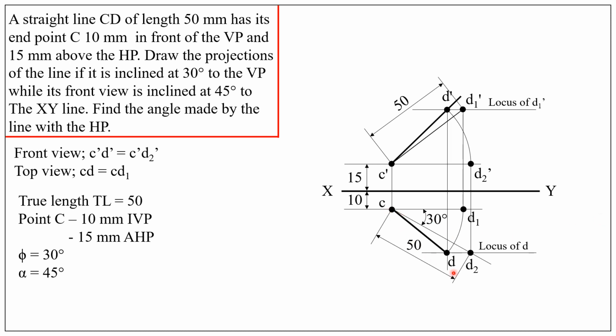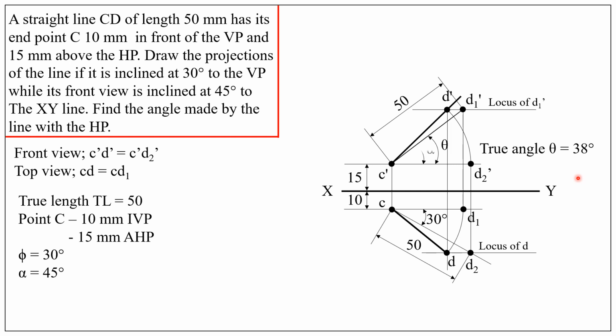So this completes the projection of the straight line corresponding to the position given. But we need to find what is the angle made by the line with the HP, that is theta. So where is theta? This angle is theta. That is the true angle of inclination. On measurement, it gives 38 degrees.